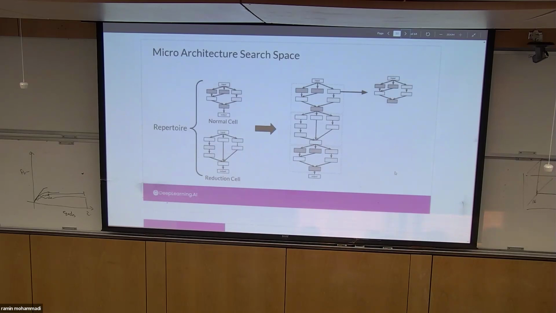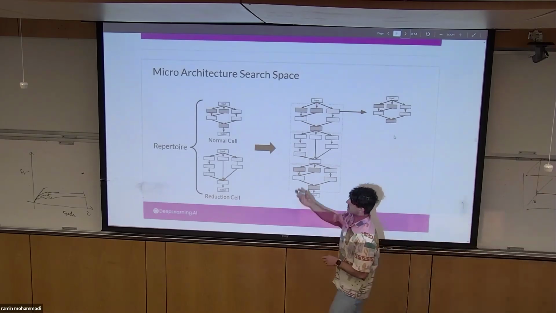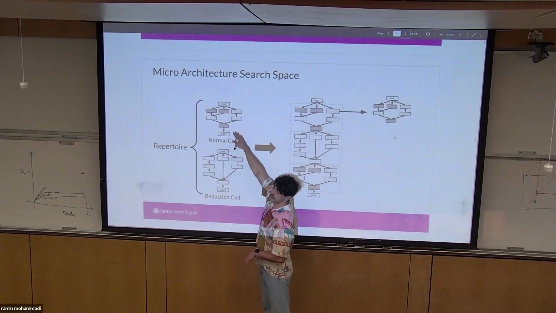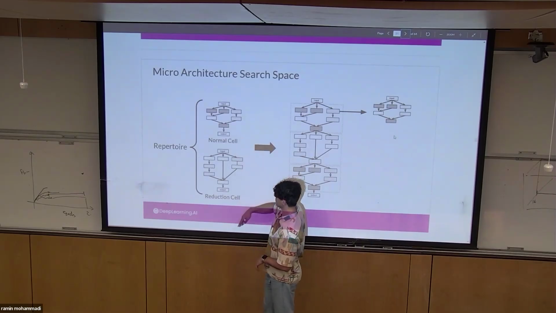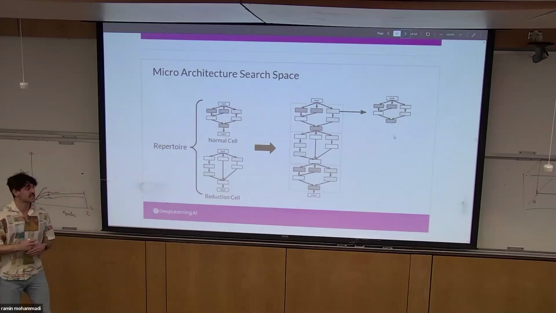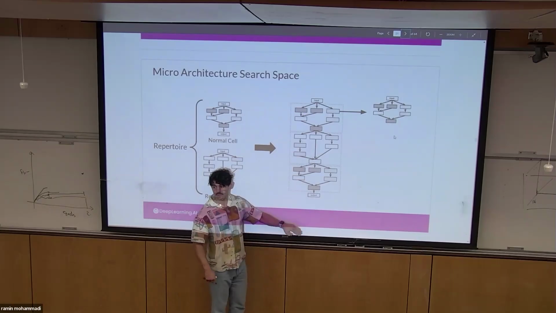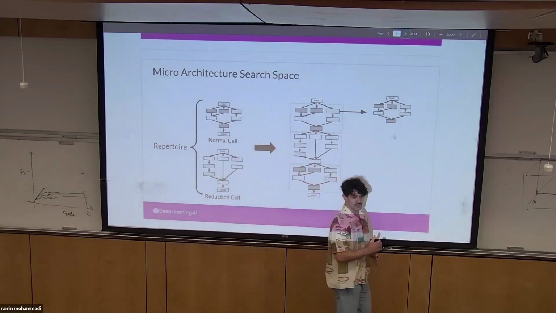Then when it goes to micro, on the other end, that becomes the idea. Like here, you have this normal cell, basically a type of neural network. You have this reduction cell that does a reduction job, and so on. You have different designs of neural networks, and you tell the algorithm to stack those after each other based on certain criteria.